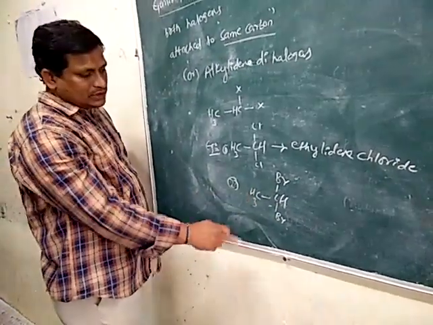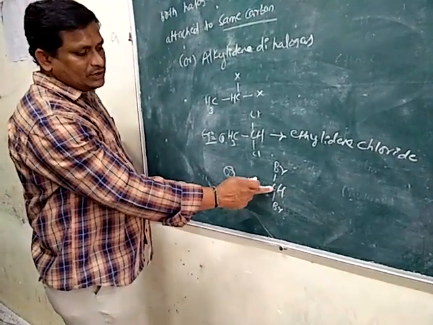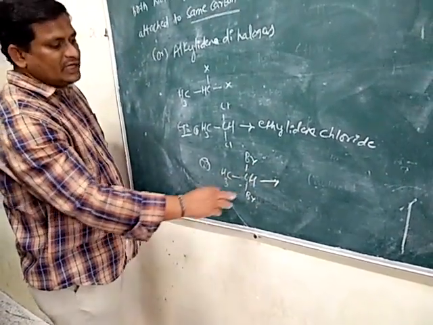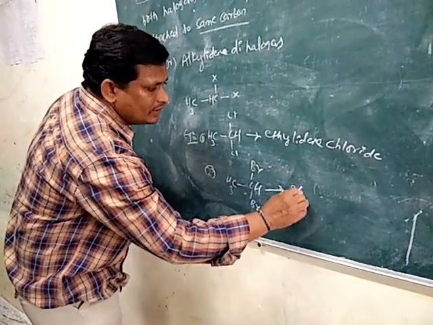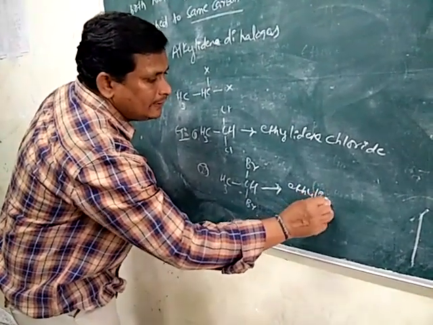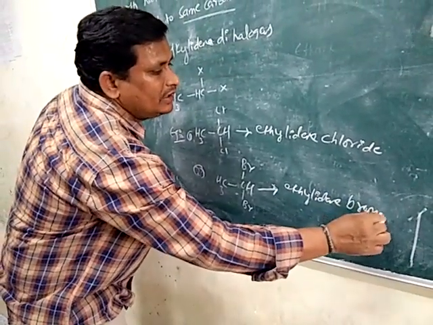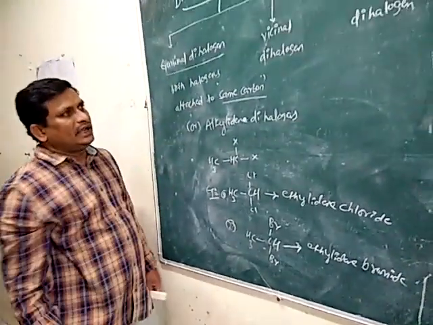In this compound also two halogens, that is two bromines, are attached to the same carbon. So it is also considered a geminal dihalide. The name of the compound is ethylidene bromide. So these are the geminal dihalides.